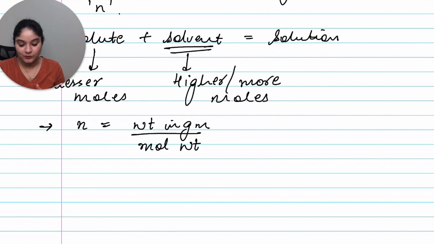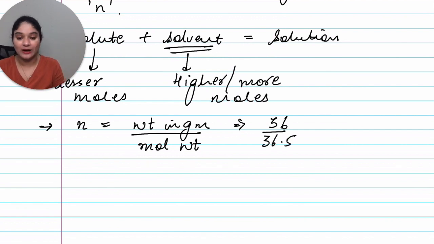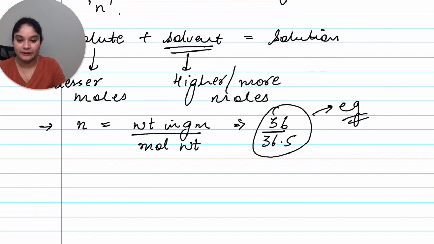Let's say, for example, you have 36 as the weight given in grams, and 36.5 as the molecular weight. This will help you identify n, that is number of moles. I hope that makes sense.